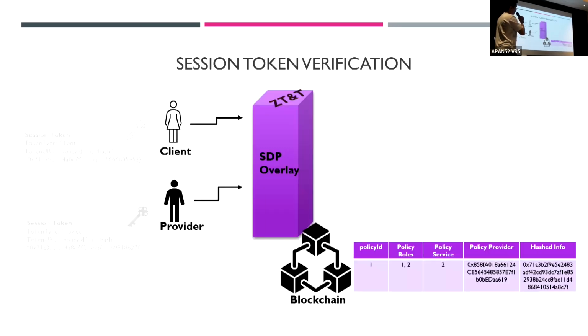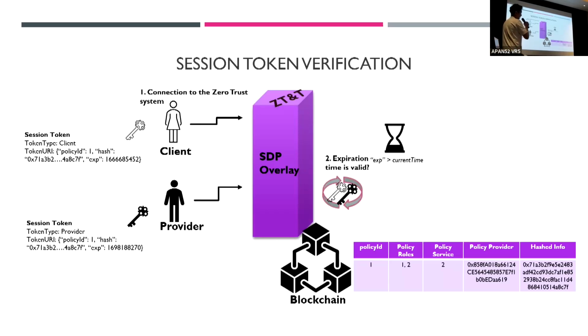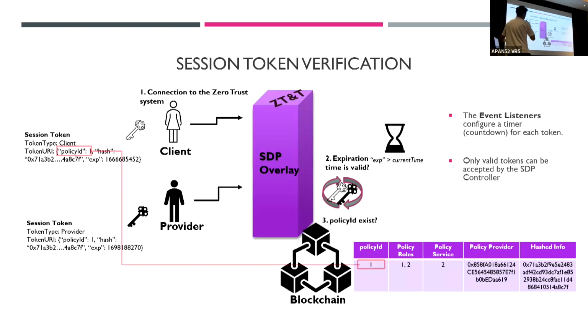As I mentioned before, the end-to-end connections work on the basis of session tokens, and these session tokens are also considered NFTs. So even clients and providers will require a token for the communication for a service, right? That one they want to advertise or they want to consume. And this thing is completely verified by the system itself. So there is a verification that checks if this session token is expired or not, or if the session token is valid or not, in the sense that every session token abstracts some information of a service policy.